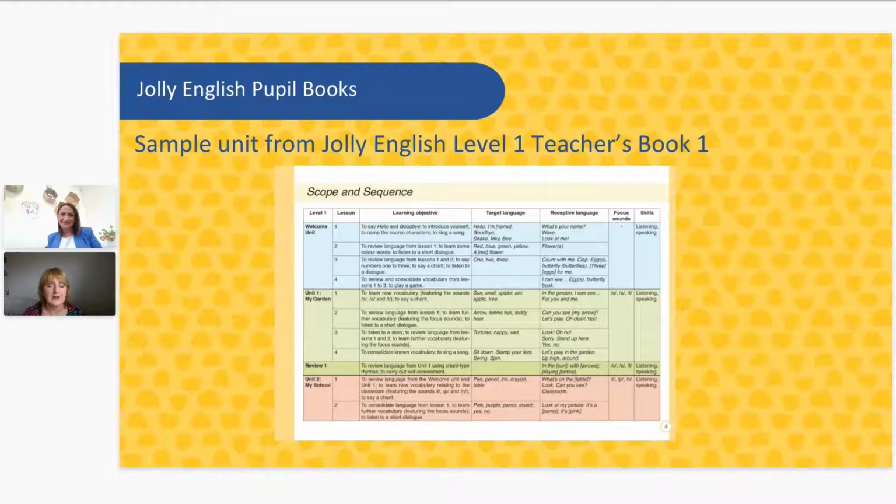And here you have an example of how the scope and sequence is laid out for you. As you can see, each unit has a color, but also you can see the stages of the progression of the lesson. And more than anything, it gives you the information you need for when you're doing your scheme of work or perhaps long-term or termly planning, so that you know exactly where you want to be by the end of the term or the end of the academic year.